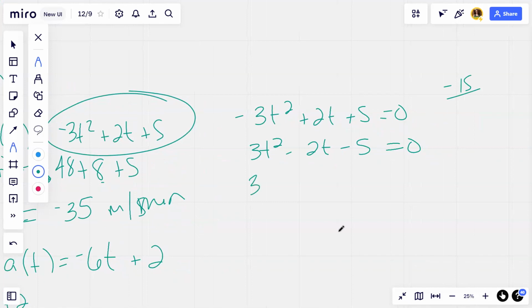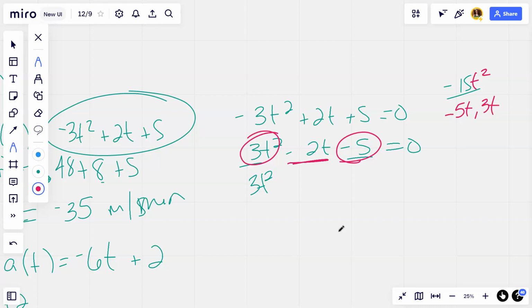Okay. So you multiply the first and the last together. What multiplies to negative 15t squared, but adds to negative 2t?